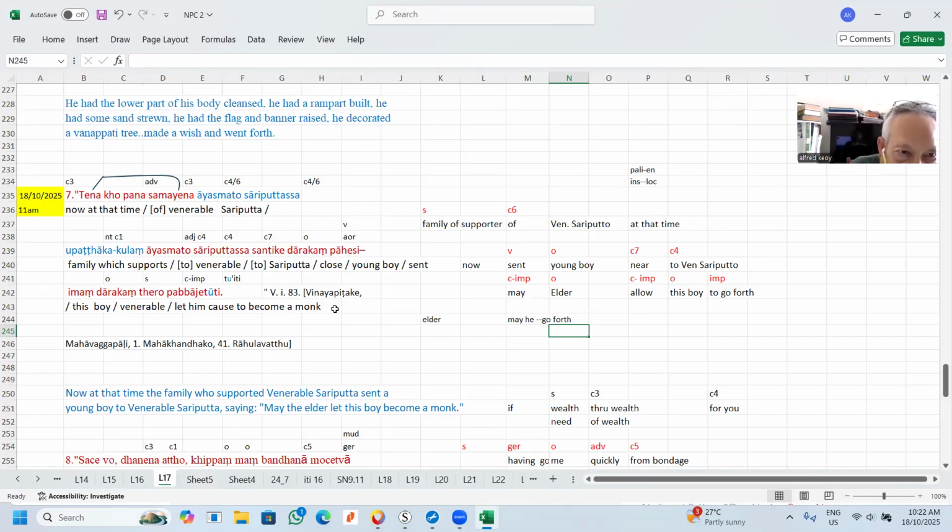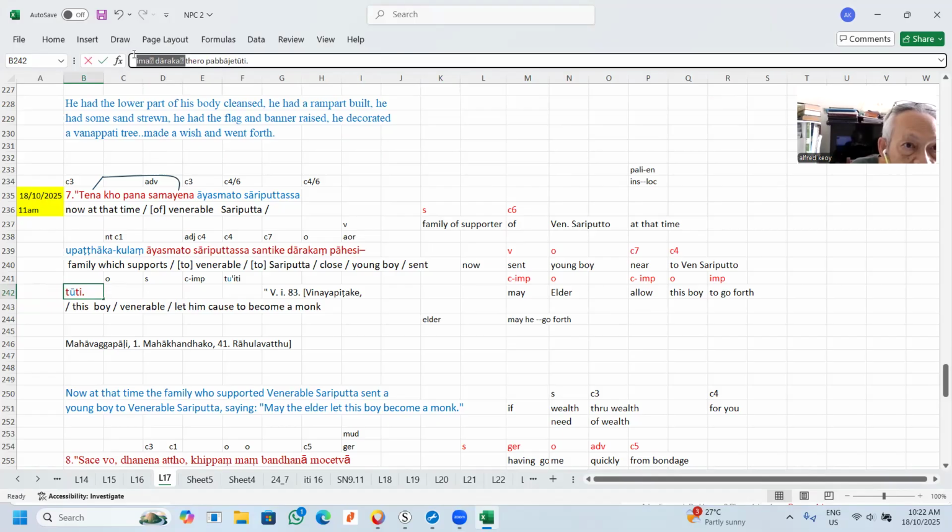If you look carefully, can you see the A here, the E here, which is actually the causative imperative. May the elders allow. Can you see? This is the object. So interesting, this is the object.